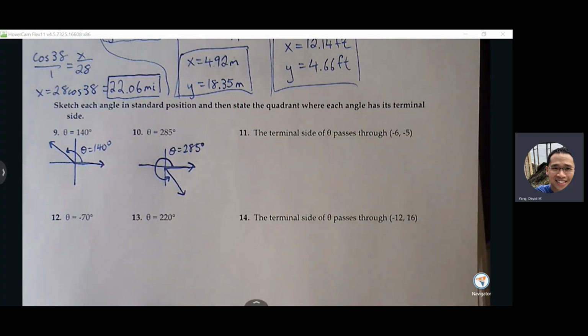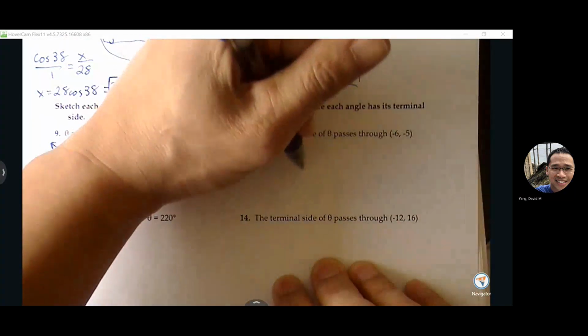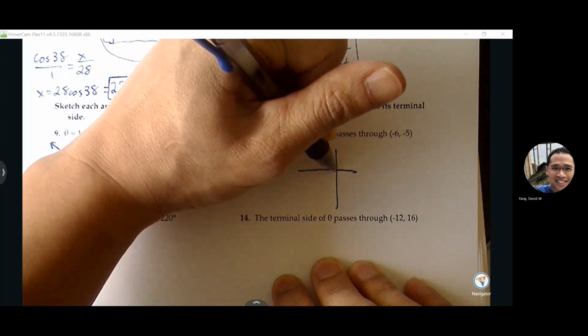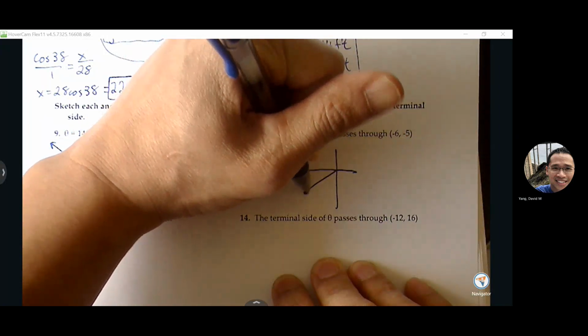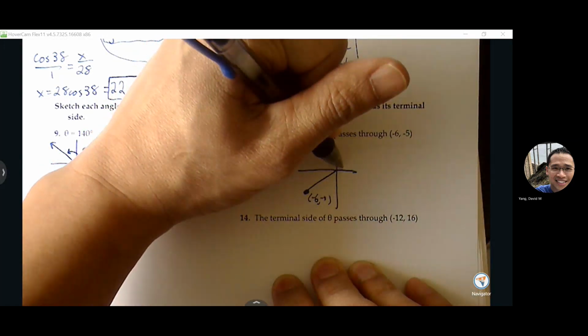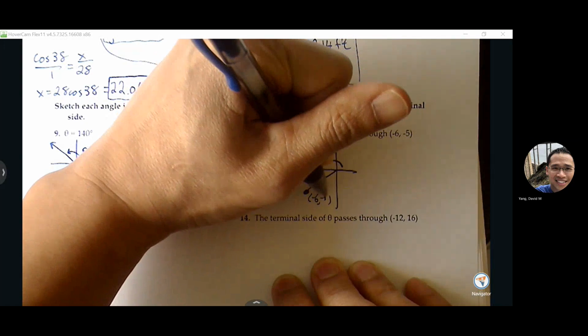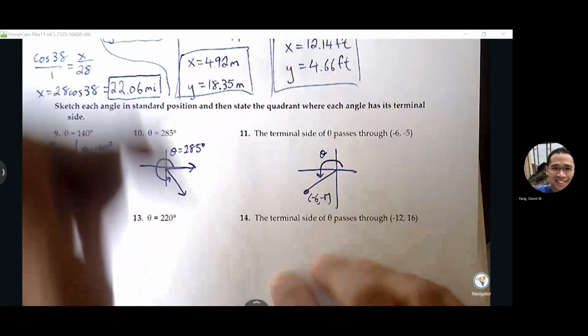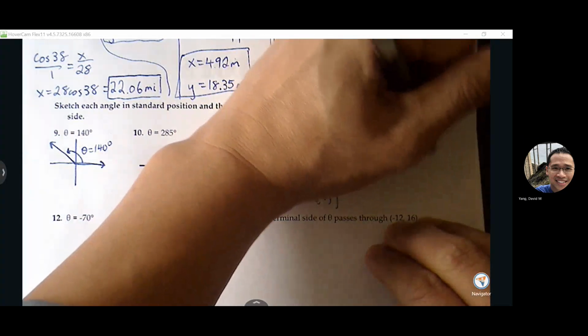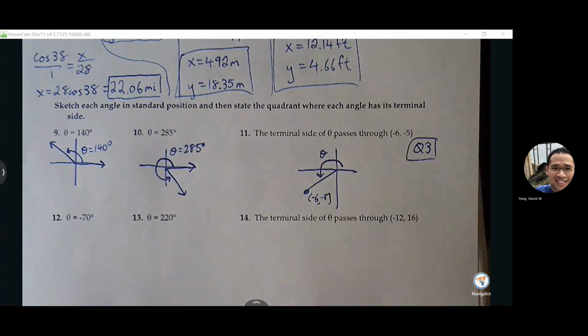So where's that ordered pair located? Third quadrant. Okay, try 12, 13, and 14.